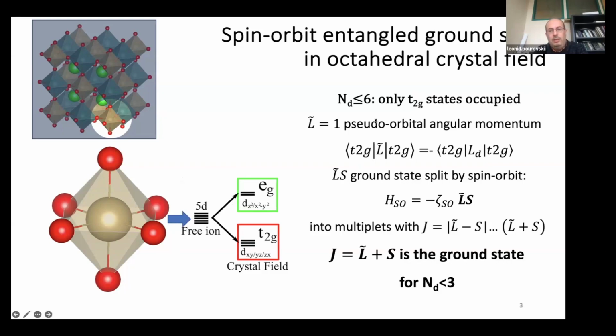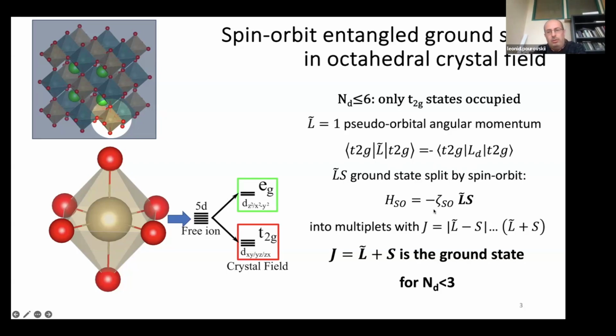So if we are dealing with occupancy less than 6, then only t2g states will be filled. And there is a well-established approach to deal with spin orbit in this case. One can introduce a so-called pseudo-orbital angular momentum, L equal 1, which has the same matrix elements as the physical one within this t2g manifold, but with inverse sign.